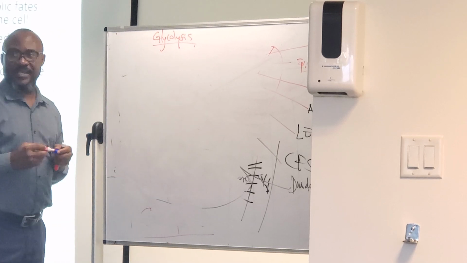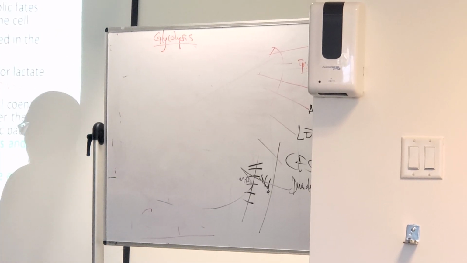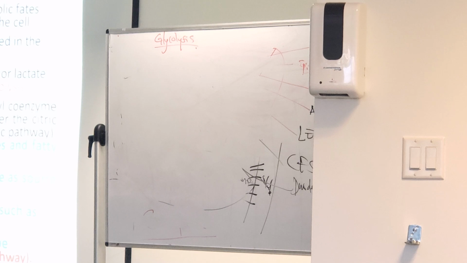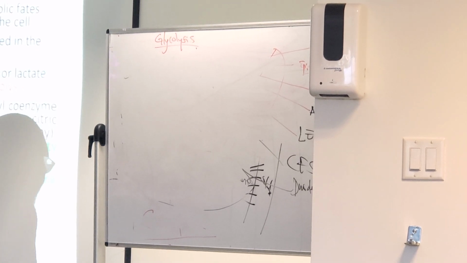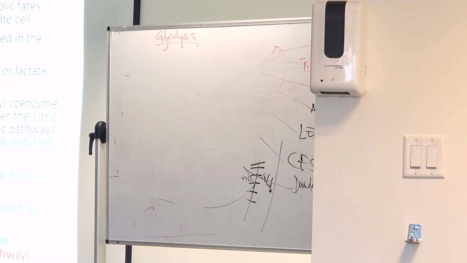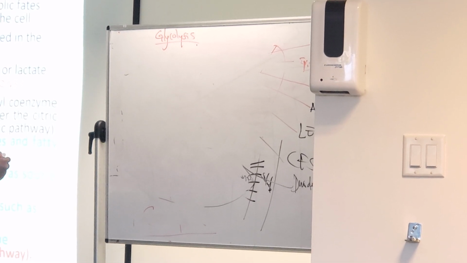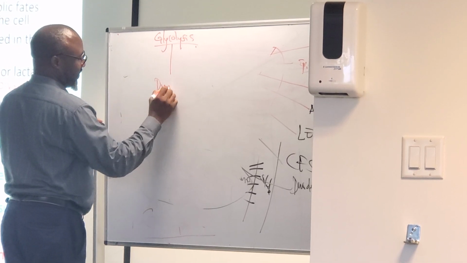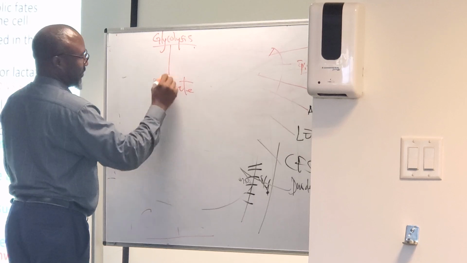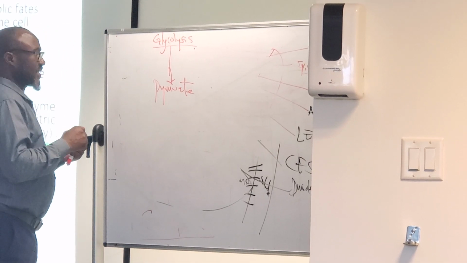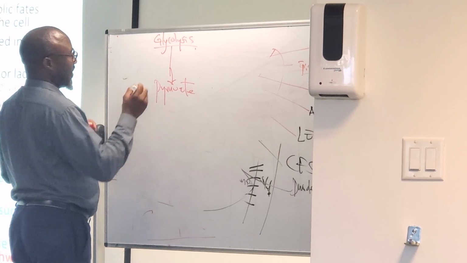When glucose enters cells, because of the low amount of oxygen in the cytoplasm, it will undergo glycolysis. So this glycolysis is anaerobic and essentially yields pyruvate. So glycolysis will now yield pyruvate. So this takes place in the cytoplasm. That's what happens to glucose.